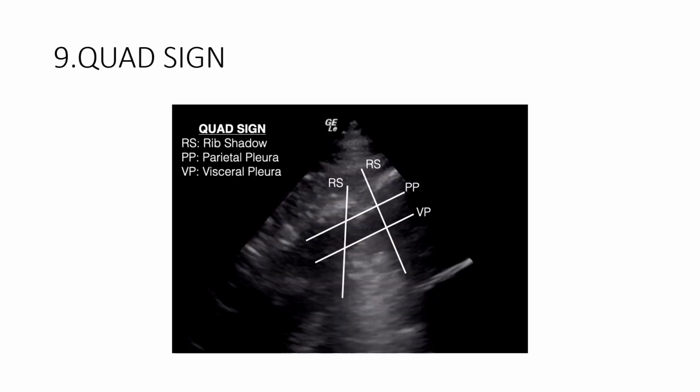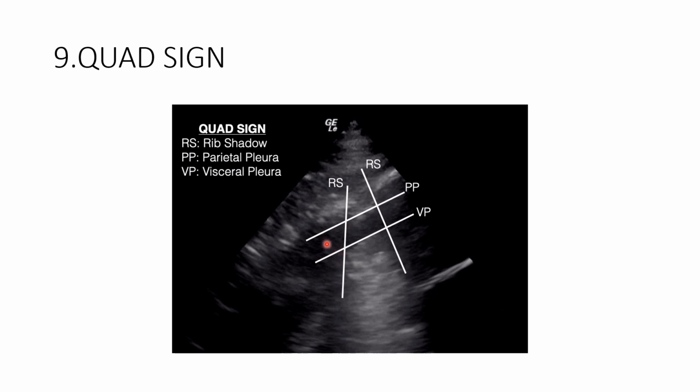The next is the quad sign, which is seen in pleural effusion. This is a static sonographic sign. It's observed in pleural effusion where there is an anechoic pocket of fluid seen between 4 lines.